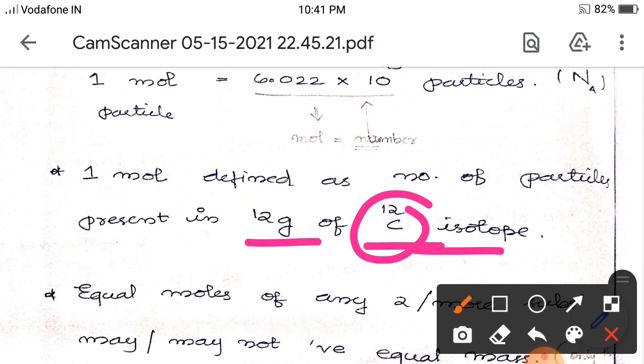So how many particles are present? What is the number that 1 mole contains? 6.022 into 10 raised to 23. That much amount of particles is present in 12 gram of carbon 12 isotope. So 1 mole means 6.022 into 10 raised to 23 particles.